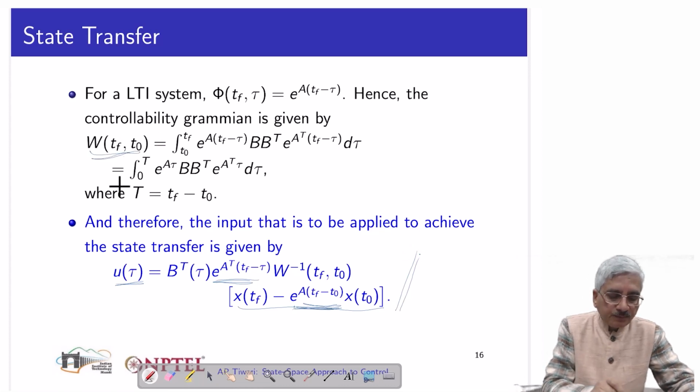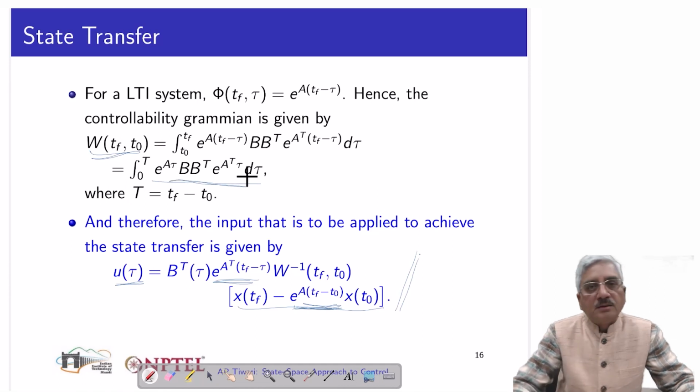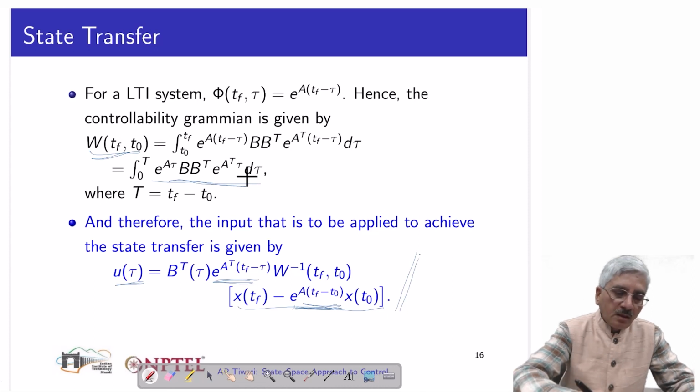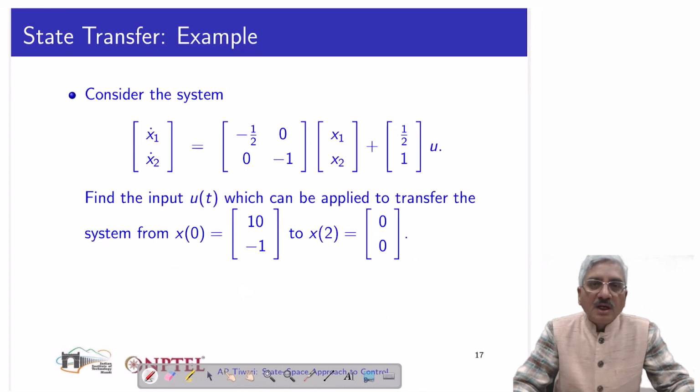Using this formula, the matrix W, the controllability Gramian, can be calculated, and then the input for the state transfer can be determined for the given x(t0) to given x(tf) in the given time t0 to tf. We see this with the help of one example.